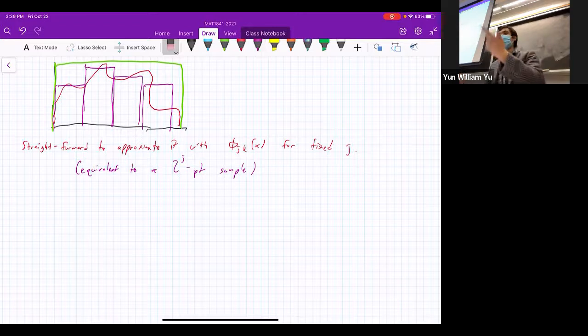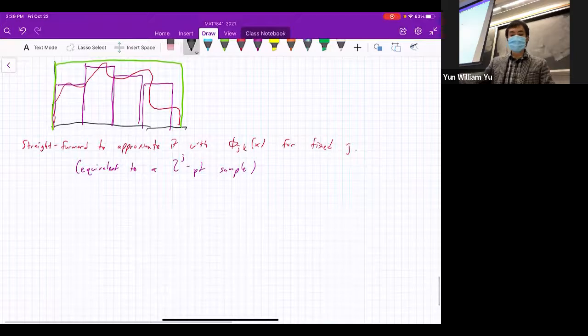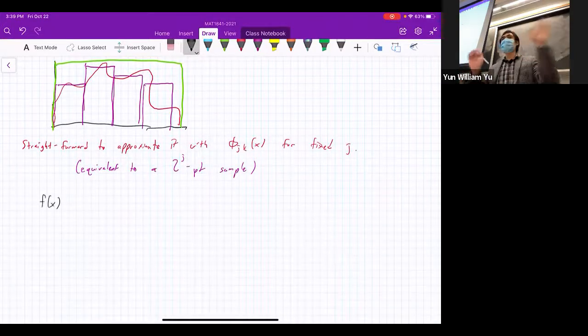When you're taking the linear combination of those particular basis functions. So what do we know? We know that f of x, and the f of x here is not our scale function, f of x is the function we're trying to approximate.